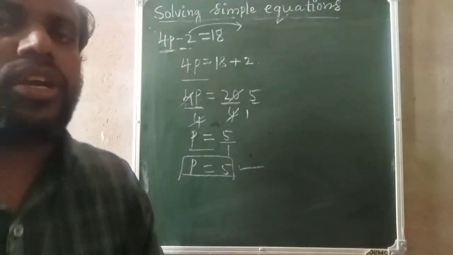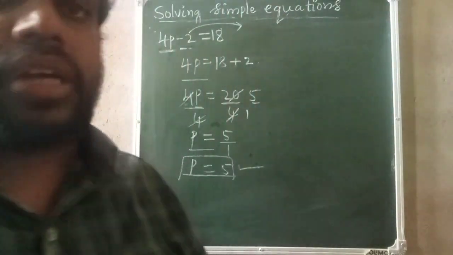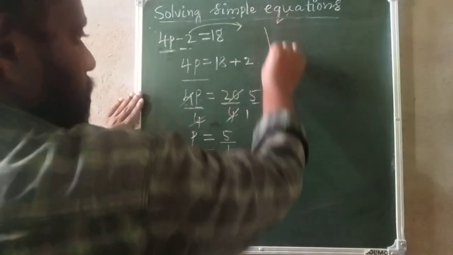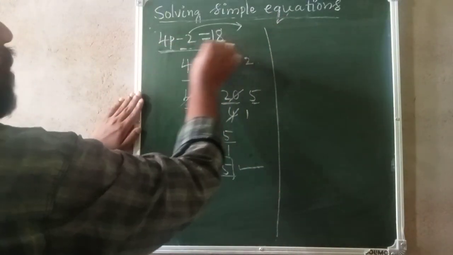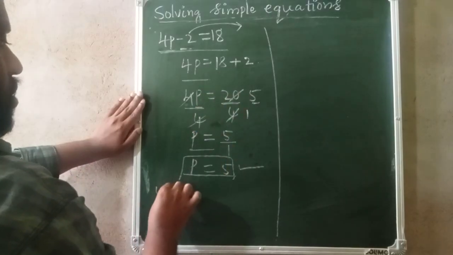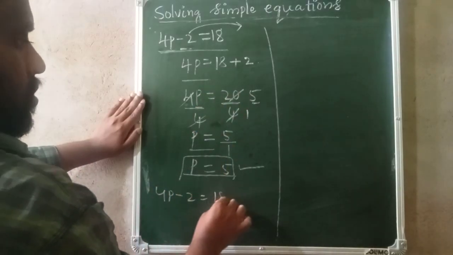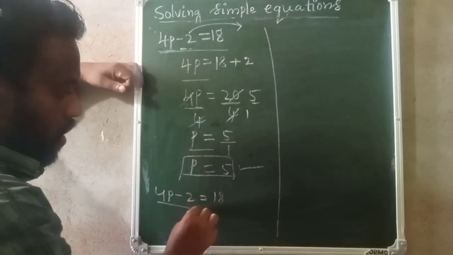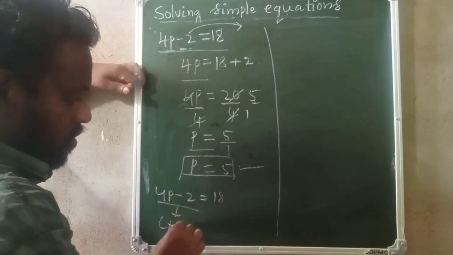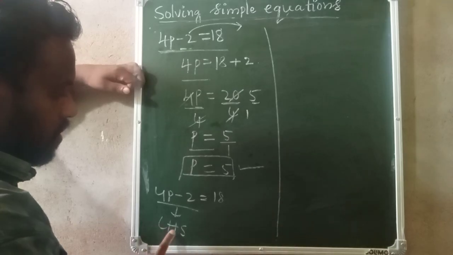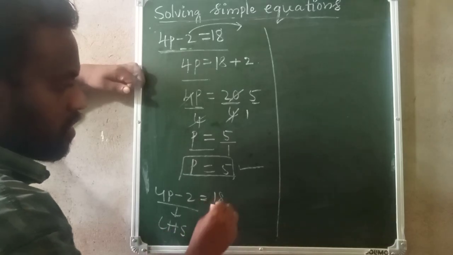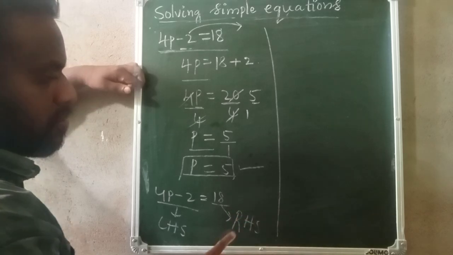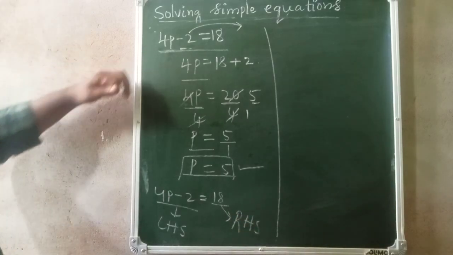Now we will check whether this answer is correct or not. For that, first I will write this equation once again: 4p minus 2 is 18. This is the equal sign. Whatever is before the equal sign is the LHS, left hand side. Whatever is after the equal sign is the RHS, right hand side.